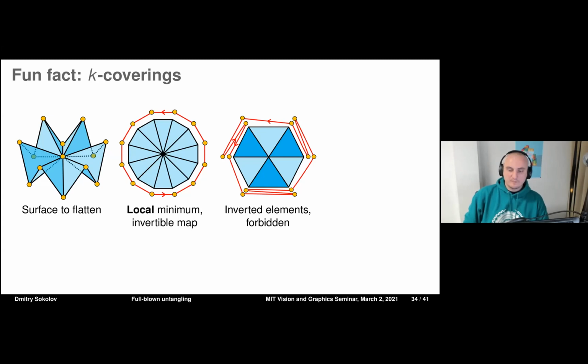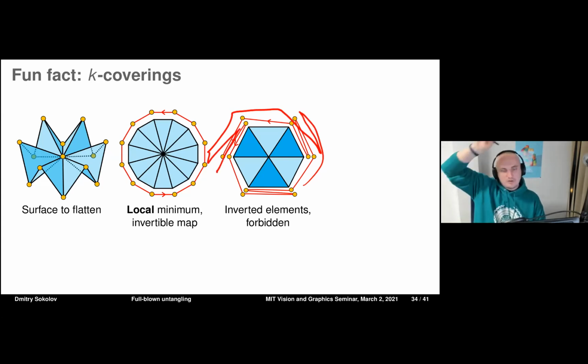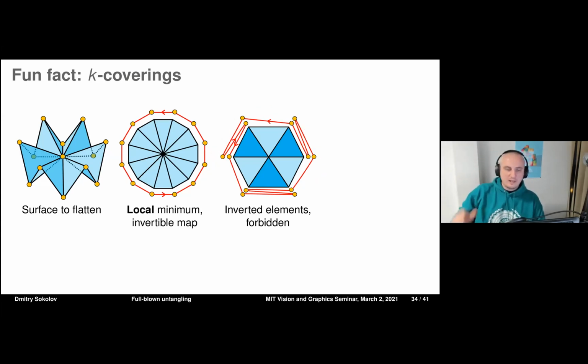This map has a perfect triangle shape, but it contains inverted elements. You can see that when you go around the one ring, you change the direction of moving, so you have inverted elements, and thus this map is prohibited by our optimization.